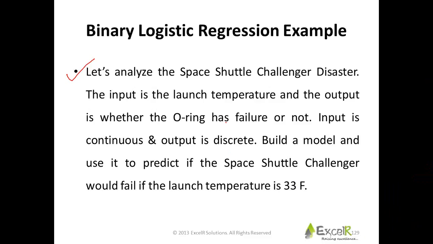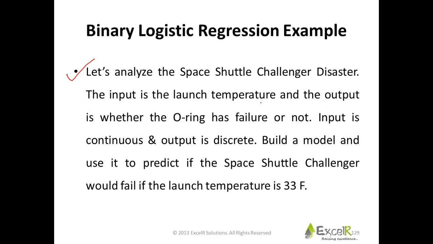She was also onboard, and midway it blasted. Later, when people analyzed it, they found that there was some problem with the temperature, hence the space shuttle broke down. So let us discuss this.